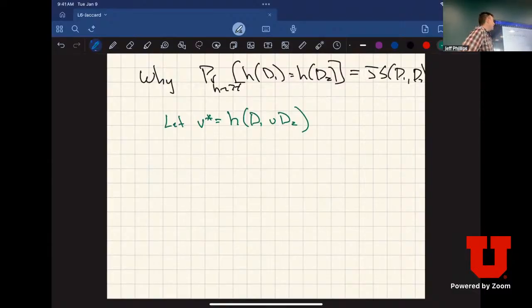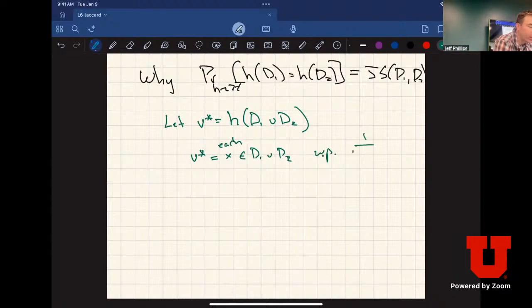So how many choices of this V star equals x in D1 union D2? Each with probability 1 over the size of the union of D1 and D2, right? Each element could be the minimum overall value with probability 1 over the size of the union. Those are all the options.